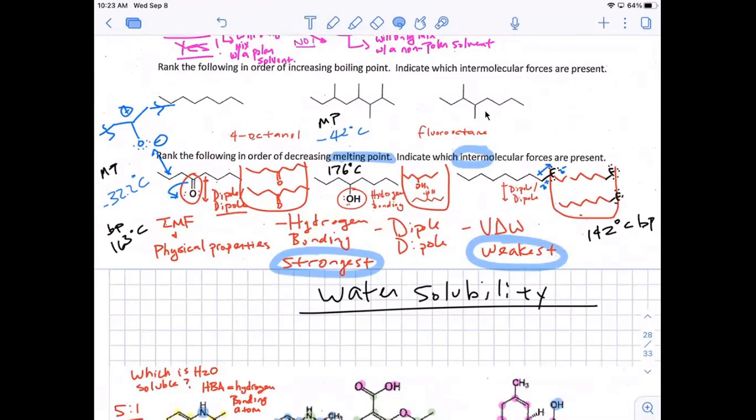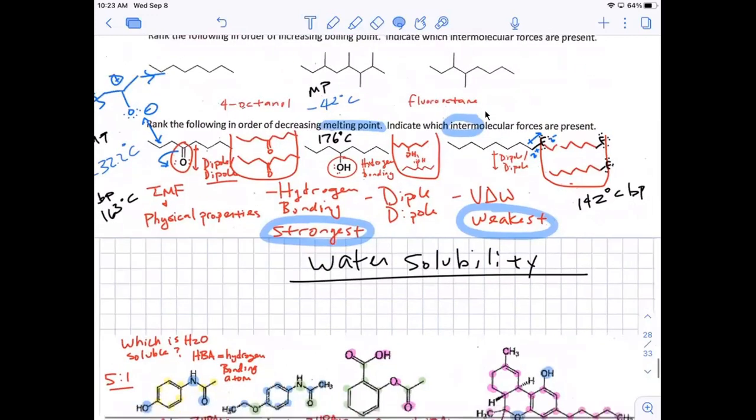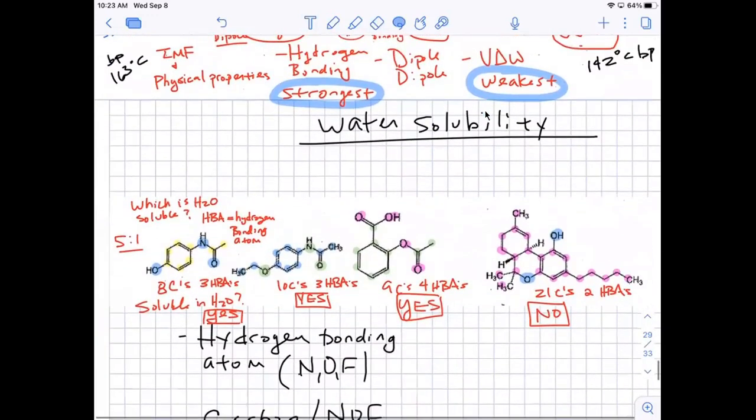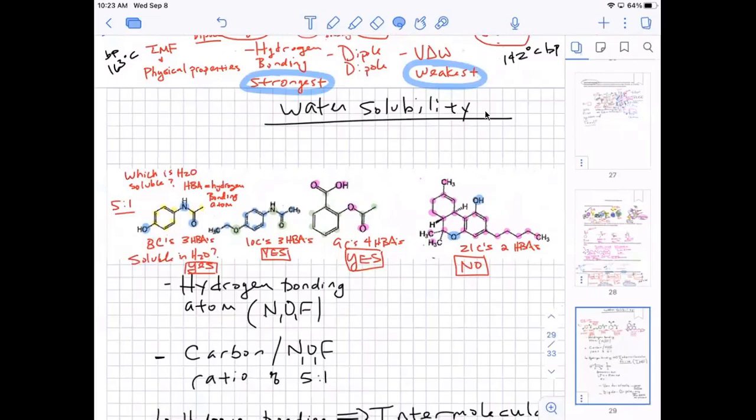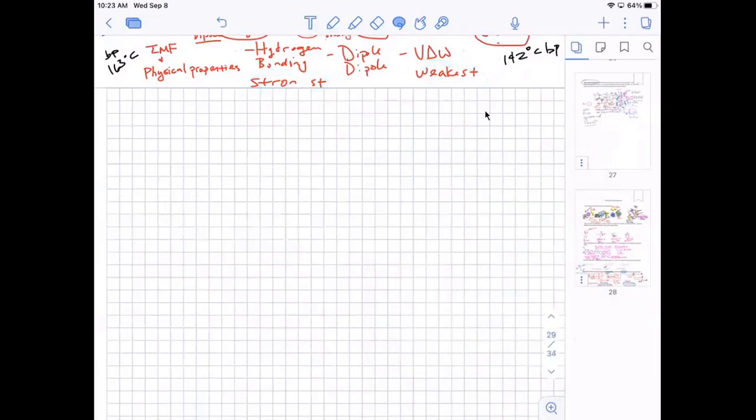Let's see if I might have to just cut all of it. And remember these intermolecular forces, again, the stronger the intermolecular force, the more it's going to affect the physical properties.